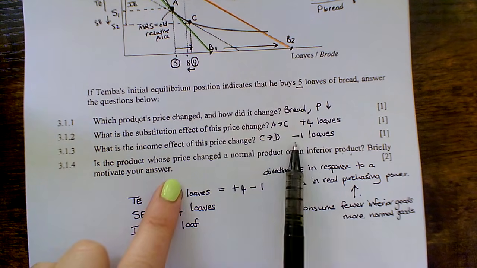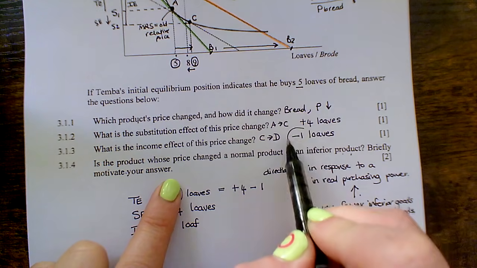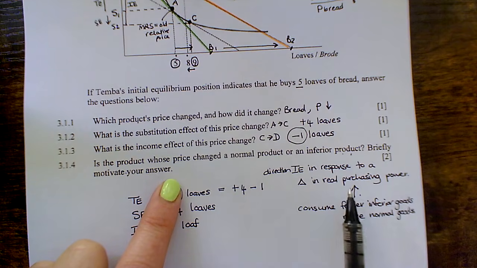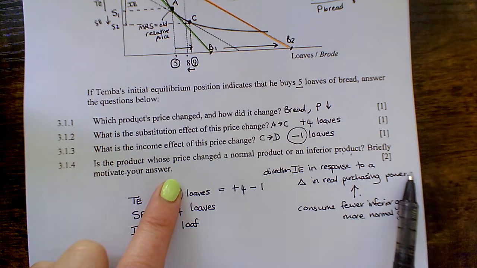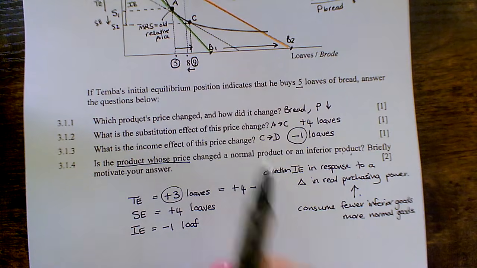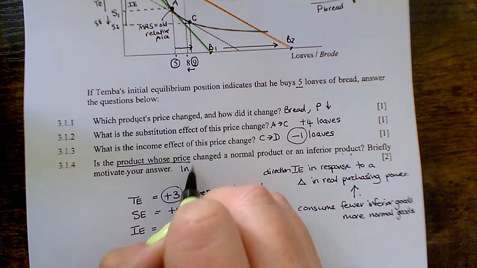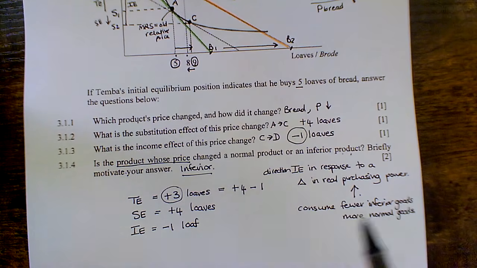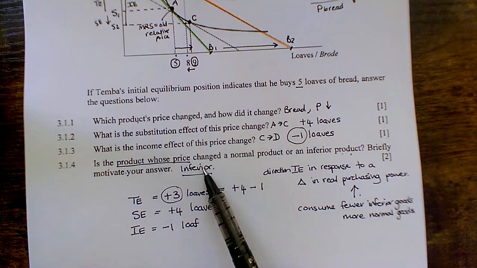So when we go back to the income effect, we see it is negative, and that's a negative income effect combined with an increased real purchasing power, which tells me that bread, the product whose price changed, is an inferior good. The motivation would be to say that the income effect is negative.